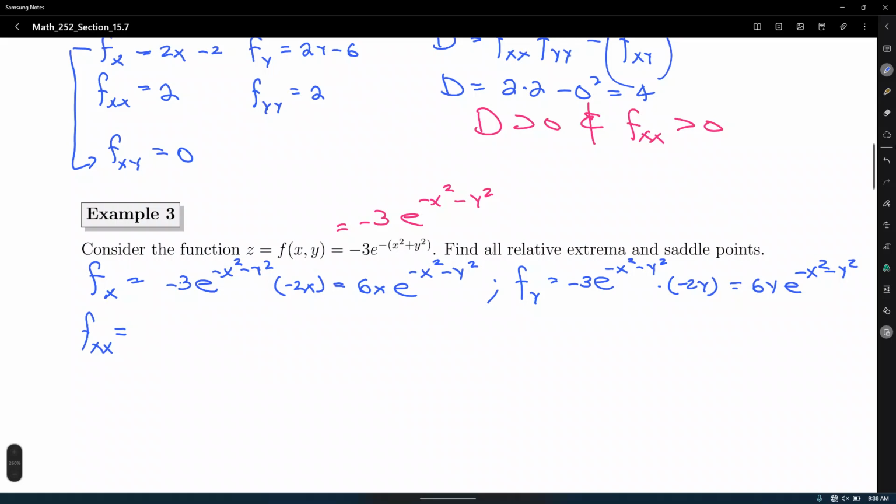So the derivative of 6x, which is 6 times the exponential e to the negative x squared minus y squared, plus the derivative of the exponential, which is going to be itself, e to the negative x squared minus y squared times negative 2x, but don't forget the 6x, right? Because this is u prime v plus v prime u, the 6x. It's a product rule in action.